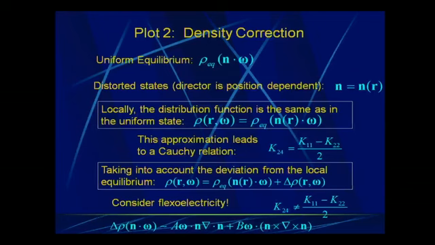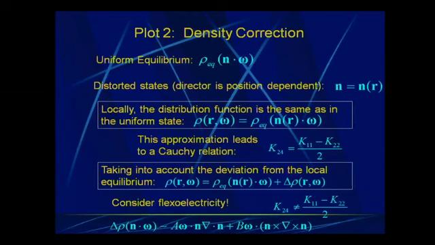Most of them, particularly mean field theories, assumed even if the nematic is deformed, as long as the deformation is weak, locally the distribution function is exactly the same as the equilibrium nematic. So this local equilibrium assumption is a pretty strong requirement, in fact.